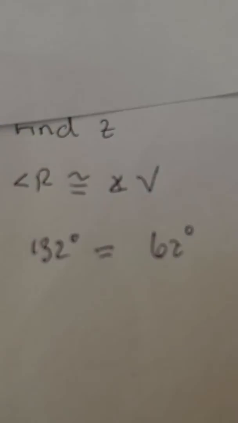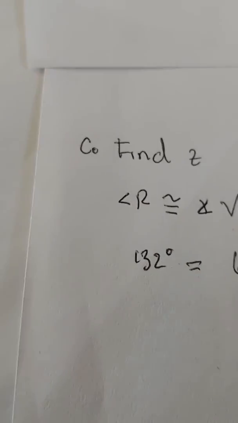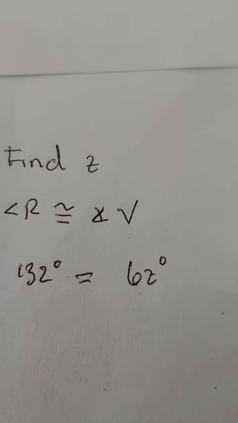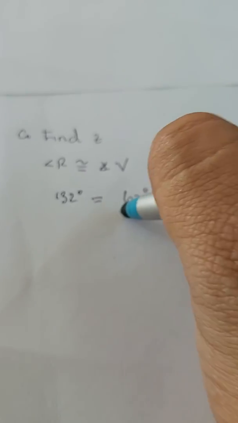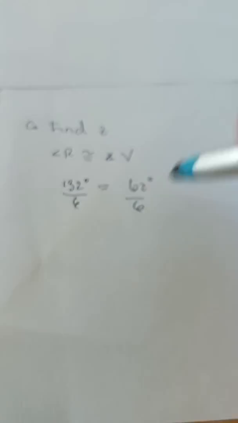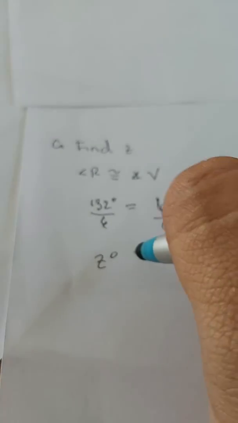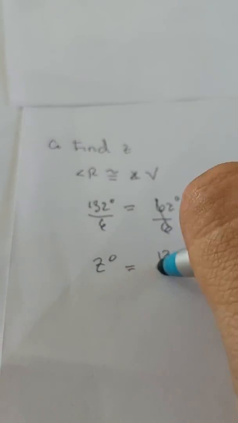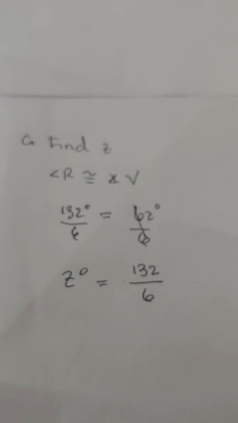Now we simplify. We want to find Z. Since this is a multiplication equation, we solve it by division. We're going to divide both sides by 6. And we get that Z equals 132 divided by 6. We can simplify 132 and 6.